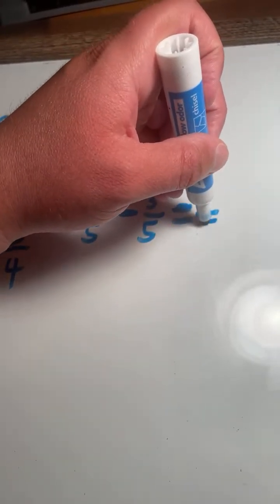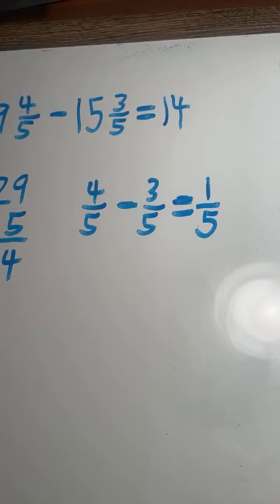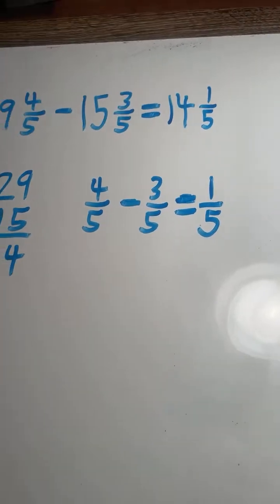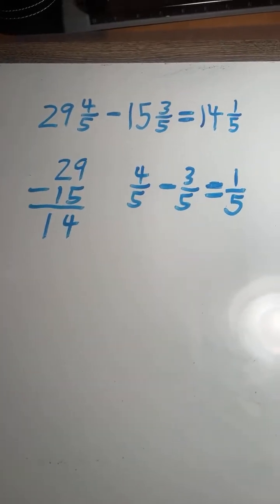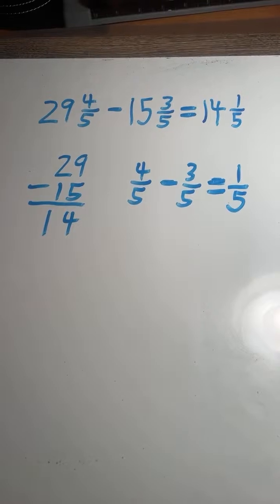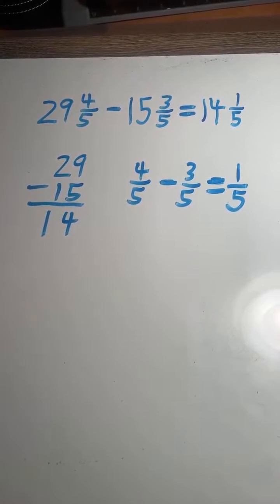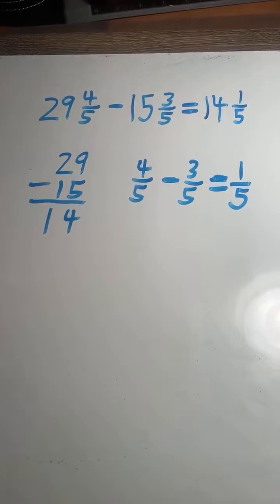Our denominator stays the same. And we have our answer. 29 and 4/5 minus 15 and 3/5 equals 14 and 1/5.